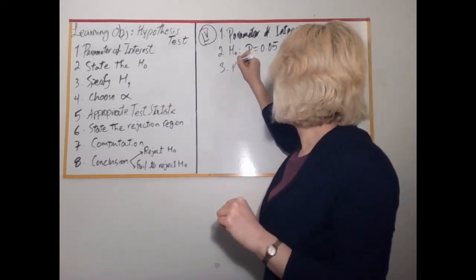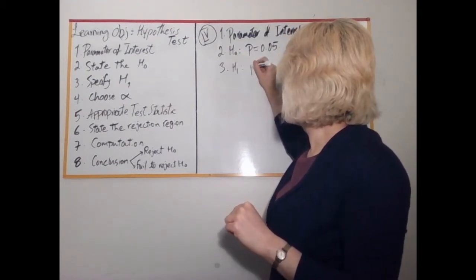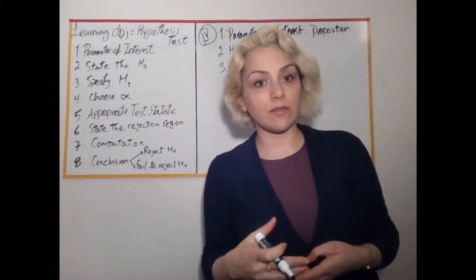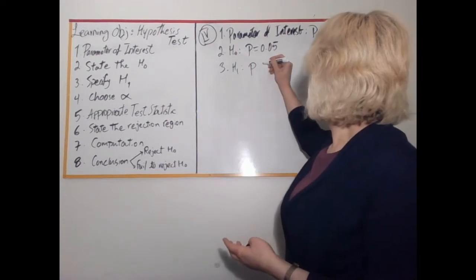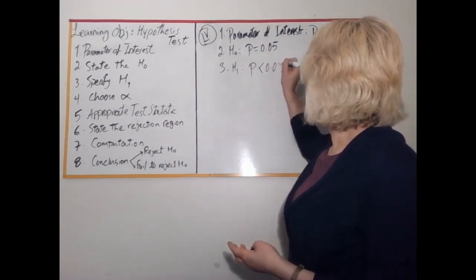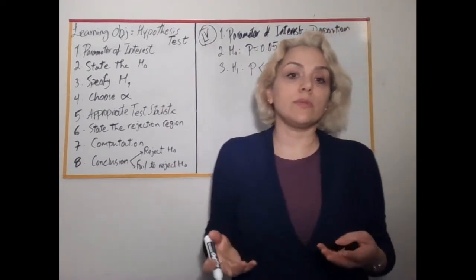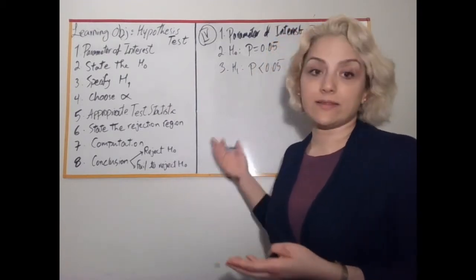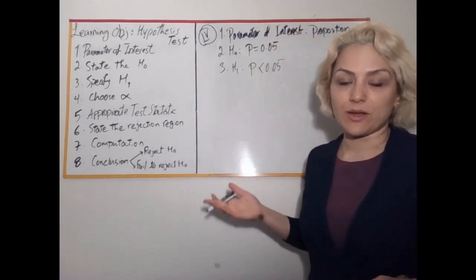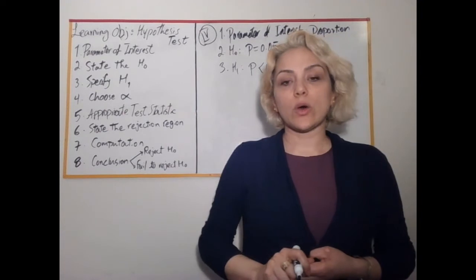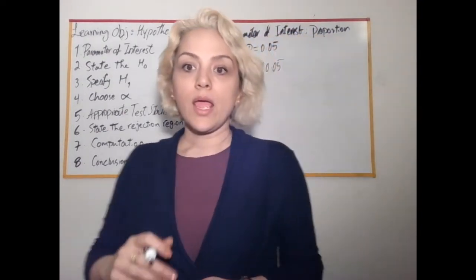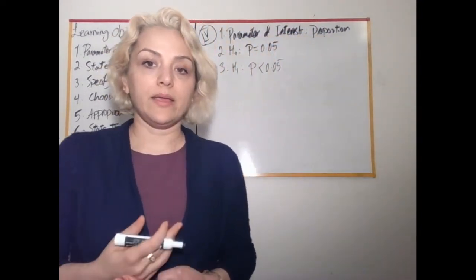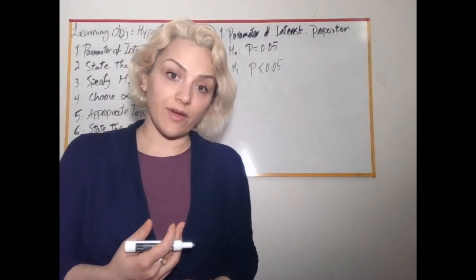So we would say the alternative hypothesis is that our P, the proportion that we are looking for, we want to be less than this number. We don't want it to exceed this number, so it should be less than this number, right? So that's going to be my alternative hypothesis.